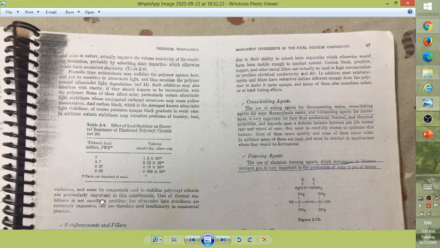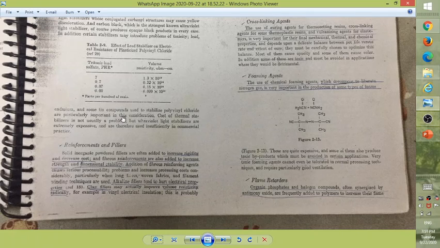Lead, cadmium, and some tin compounds used to stabilize polyvinyl chloride are particularly important in this consideration. Cost of thermal stabilizers is not usually a problem, but ultraviolet light stabilizers are extremely expensive and are therefore used insufficiently in commercial practice.